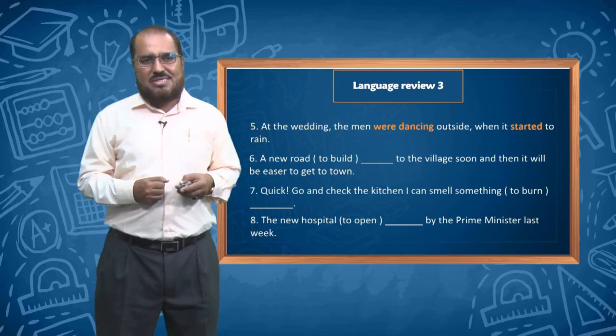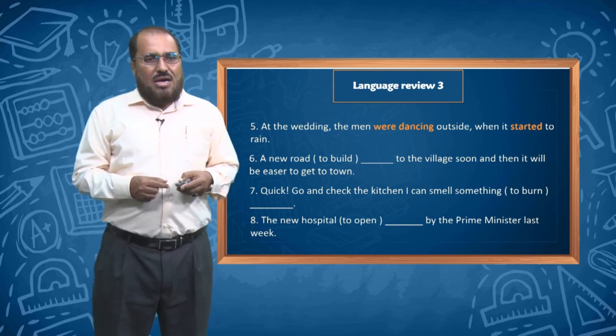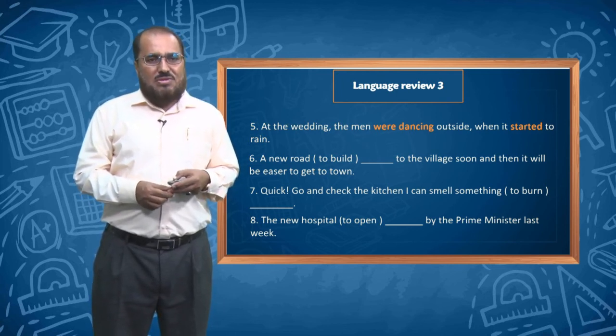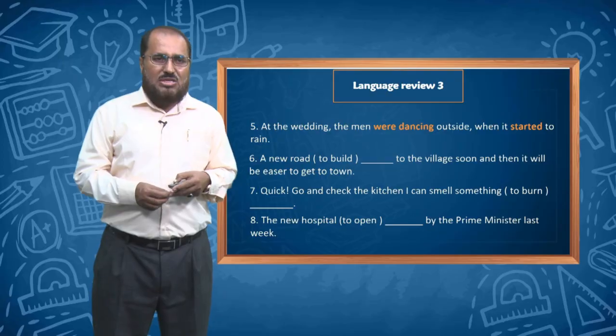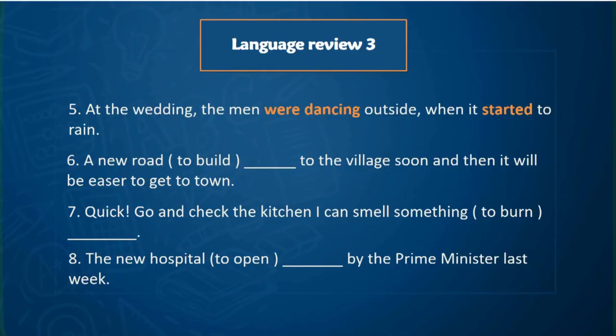Past simple. The men were dancing, continuous. The rain came or started to rain. What about number 6? A new road to build soon, and then it will be easier to get to town. Okay? Think carefully. Can a road build or is it built by somebody else?